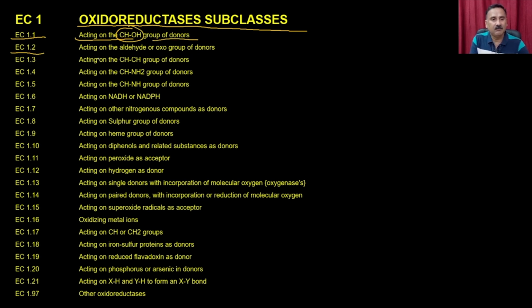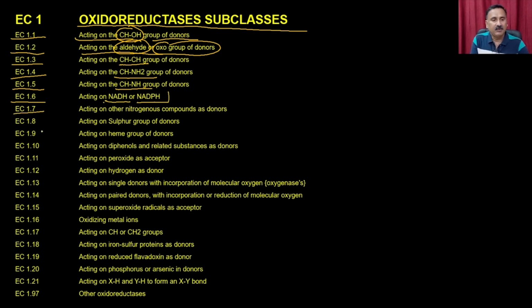Then we have EC 1.2, the enzymes acting on the aldehyde or the oxo group of the donor. Then we have EC 1.3, 1.4, 1.5, 1.6. All these act on different types of substrates, like CH-CH substrate, CH-NH2 substrate, and sometimes they are also acting on NADH or NADPH.